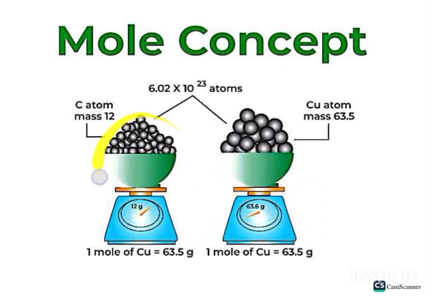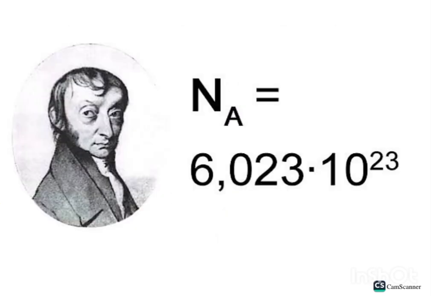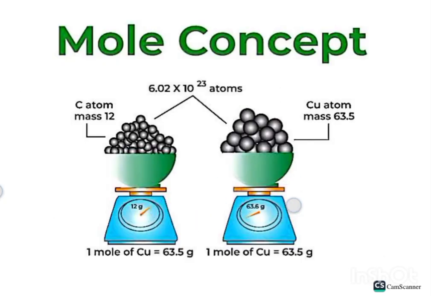One contains a sample of carbon atoms and the other contains a sample of copper atoms. If we observe their masses in the periodic table, 12 gram is the mass of carbon according to the periodic table. It is the atomic mass of carbon, and 63.5 is the atomic mass of copper.